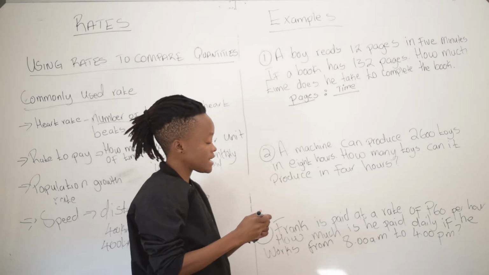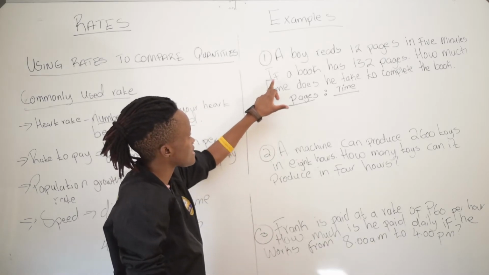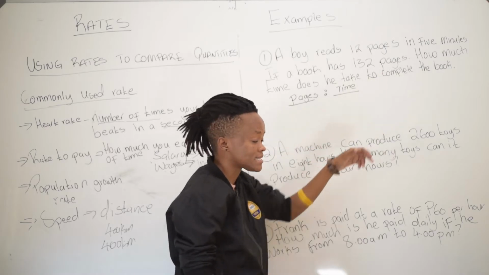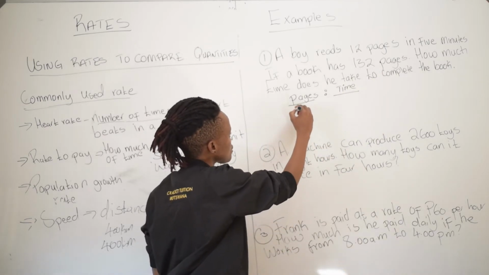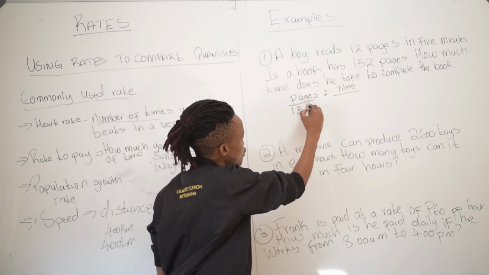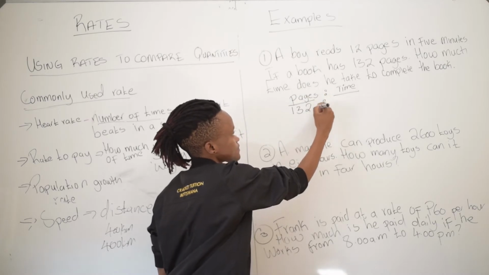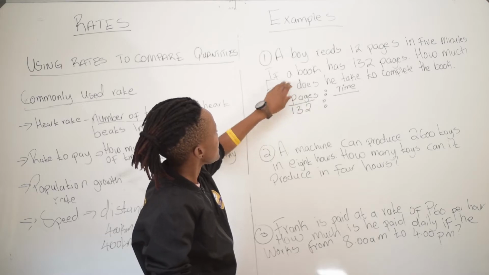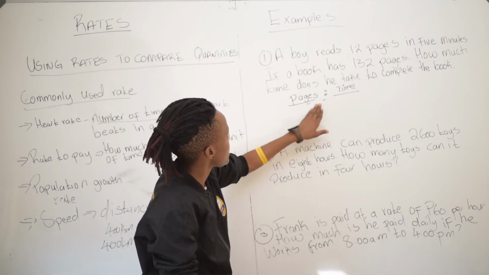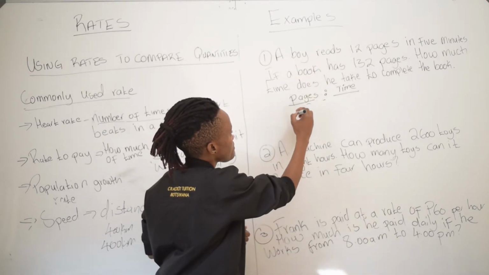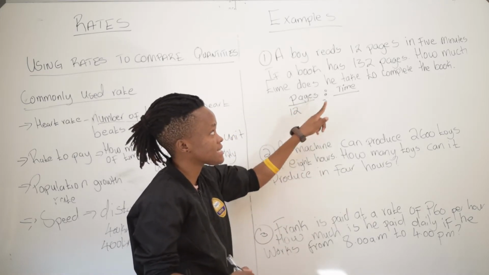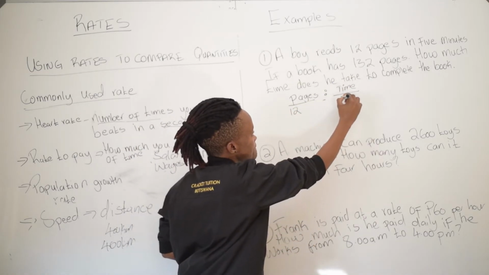Let's continue with the question. Let's start again with the first one. A boy reads 12 pages. We are already told that a boy reads 12 pages in 5 minutes.